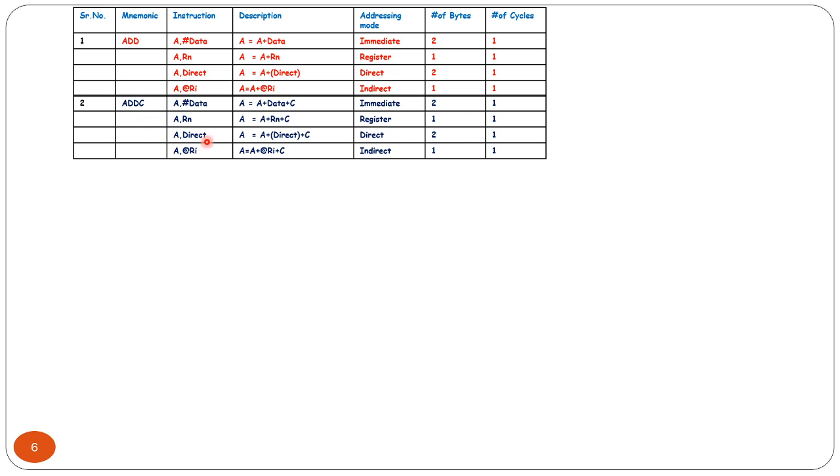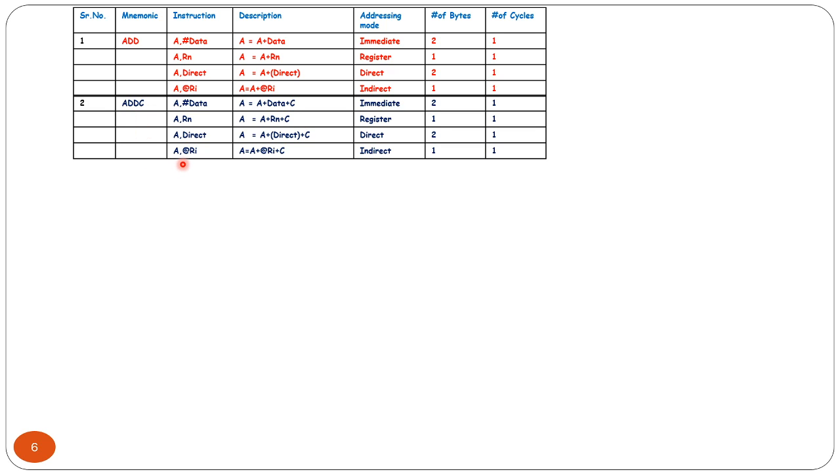ADDC A, direct: the content of the carry flag bit and the random access memory pointed by the direct byte are added to the accumulator, and the result is stored in the accumulator. The content of the accumulator changes. This is the direct addressing, needing 2 bytes of memory, and the machine cycle is 1.